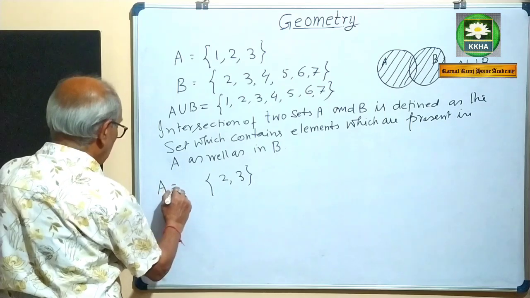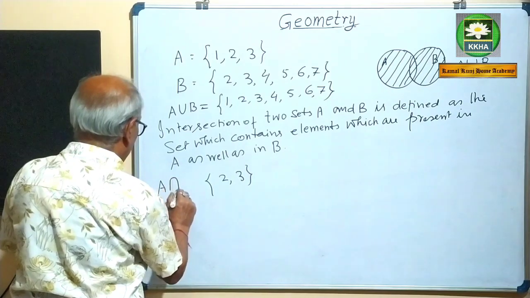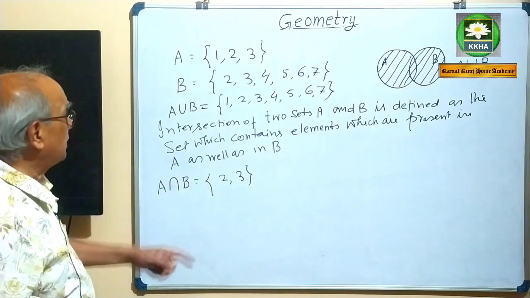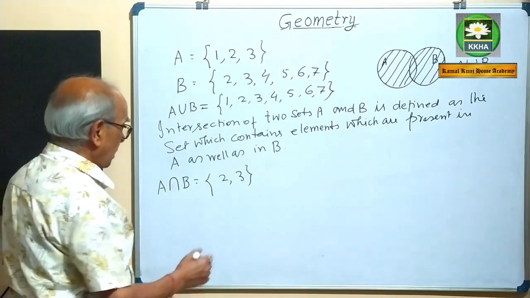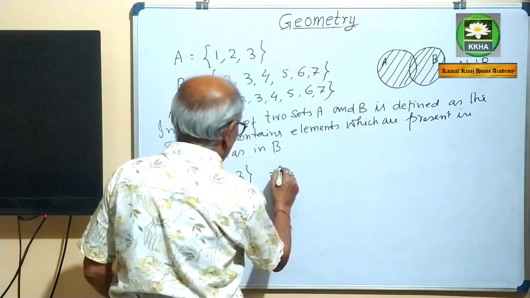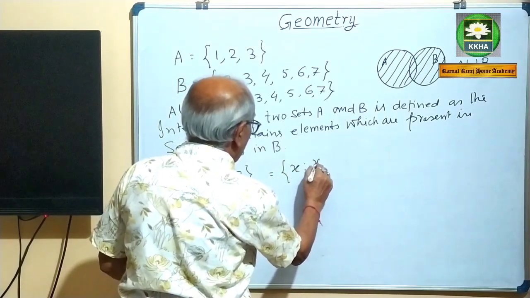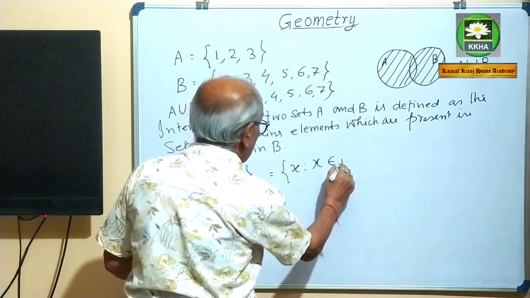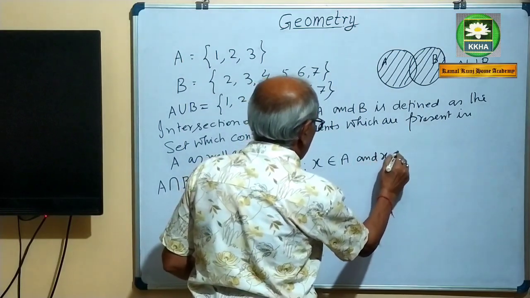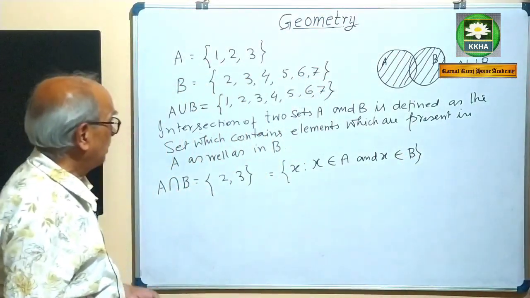This will be equal to A intersection B. And in set notation form it is represented as X such that X belongs to A and X belongs to B, which are present in both.